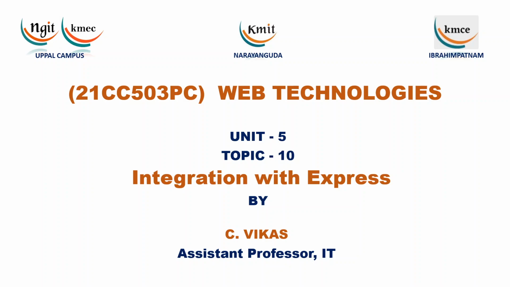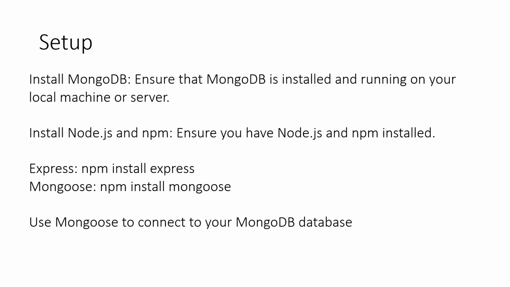So let's see what are the key points to consider while setting up the environment of both the technologies. Setup. First, we have to install MongoDB. Ensure that MongoDB is installed and running on your local machine or server.